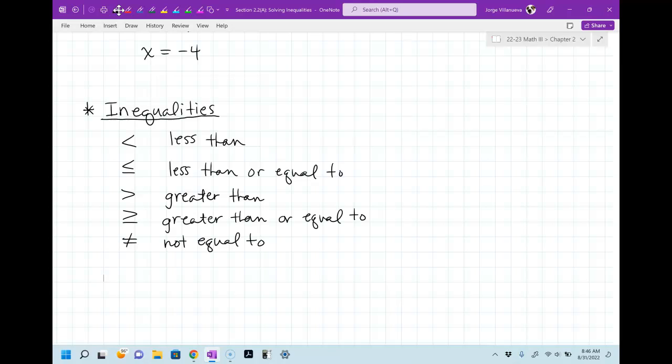Anytime that you multiply or divide the whole inequality by a negative number, you have to flip this symbol. Okay, so I'm going to write that down right here.